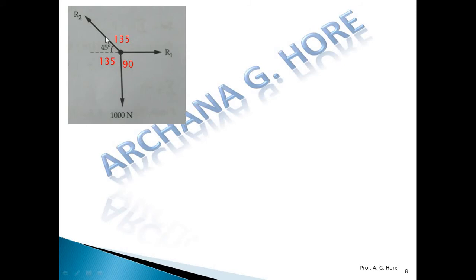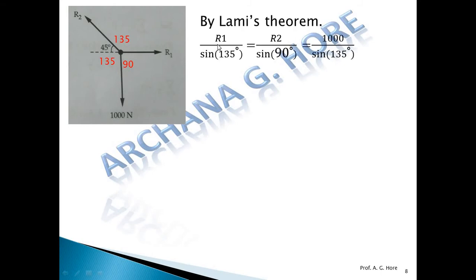So R1 divided by sine of 135, R2 or RB divided by sine 90, and 1000 divided by sine of 135. So this is the equation. Now we want to find out RA, R1 and R2, means RA and RB. So by equating first this we will get R1, by equating these two we will get R2.